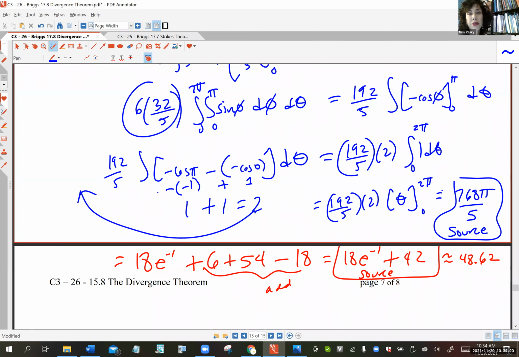So there's 3 possibilities now when you're doing divergence theorem. You could stay in the rectangular coordinate system. You might find you need to convert to cylindrical coordinates, or you might need to convert to spherical coordinates. So be prepared for any of those 3 possibilities on your homeworks as well as your exams. Okay?